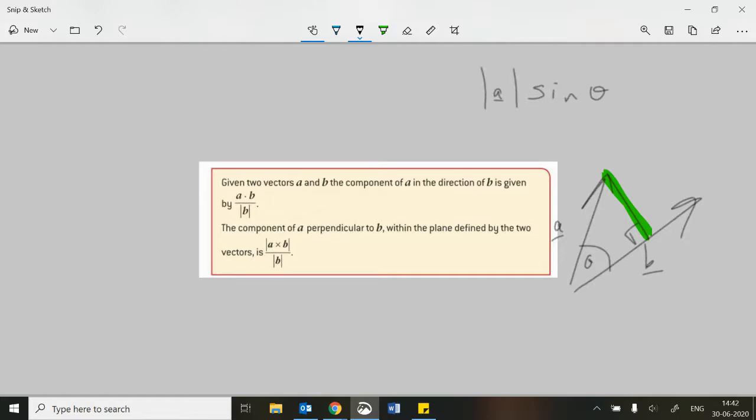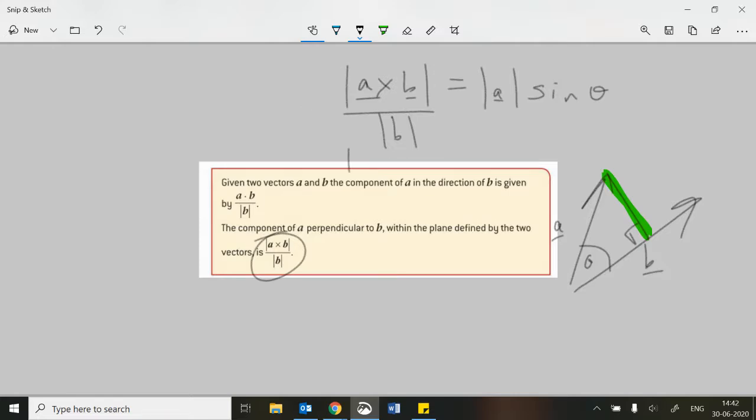So that would be equal to, now they're saying that's equal to this. Let's just check that for a second. Where's that coming from? So kind of doing this back to front a bit. It's saying that that's the same as this thing here. So instead of doing the magnitude of A cos theta, which is where this came from, we're doing the magnitude of A sine theta. And then this. Where's that coming from?